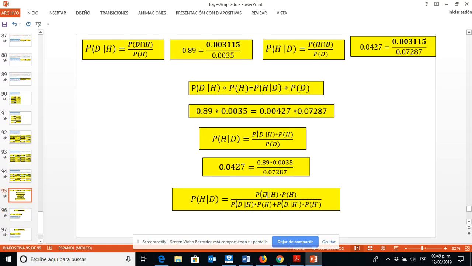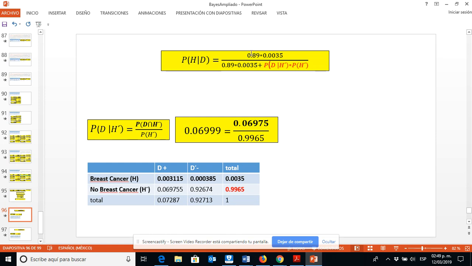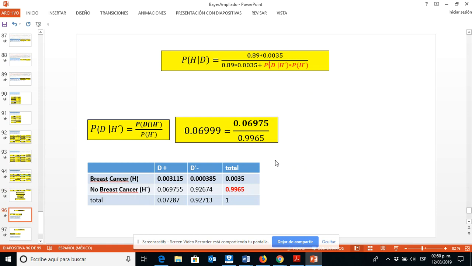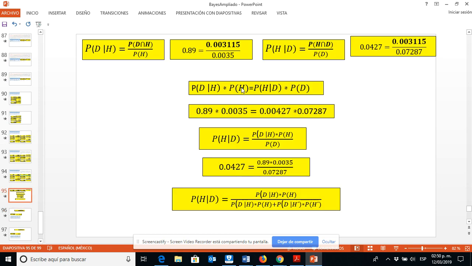So we take this form of the Bayes theorem, and we have already these numbers. The probability of D given H multiplied by the probability of H, that is 0.89 multiplied by 0.0035. This is the numerator, and if we see the formula, the numerator comes also in the denominator.